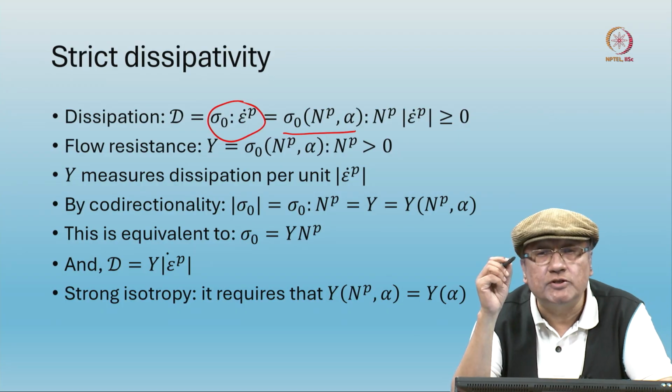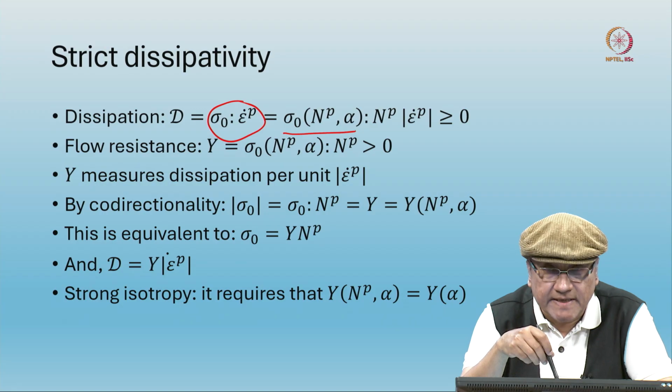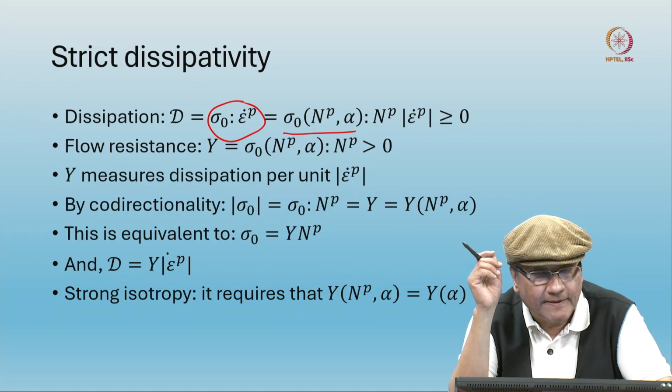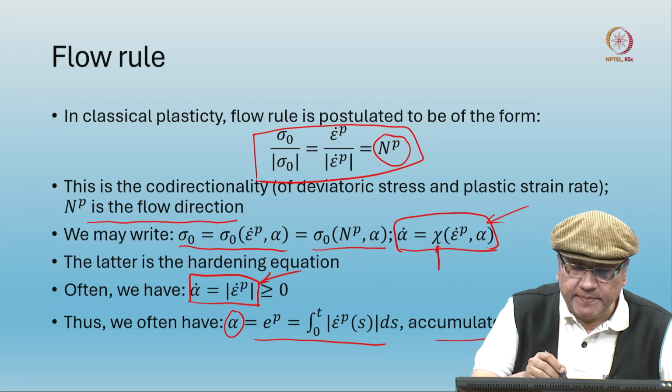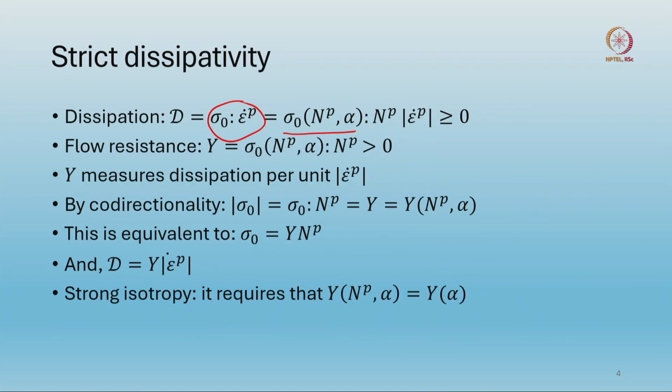Now, epsilon p dot, you remember, can be written as this NP, the plastic flow direction, times the magnitude of epsilon p dot, right, because the definition of NP was epsilon p dot divided by modulus of epsilon p dot, right. So therefore, this is greater than or equal to 0.